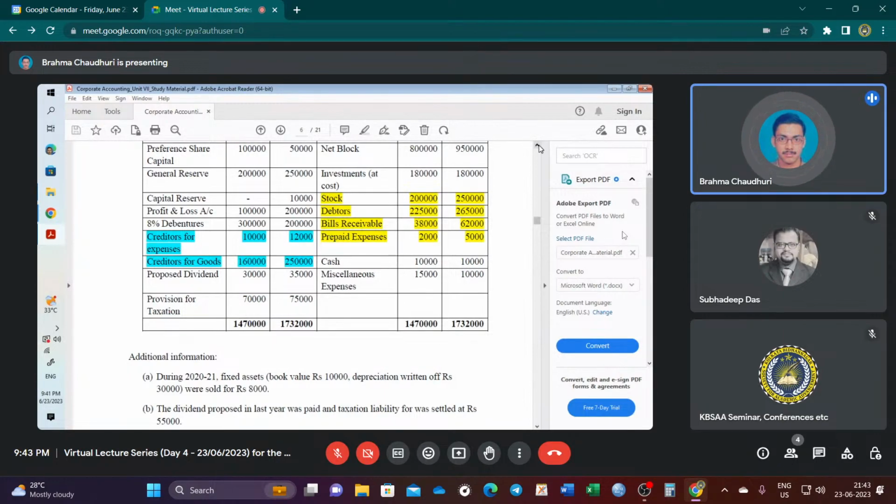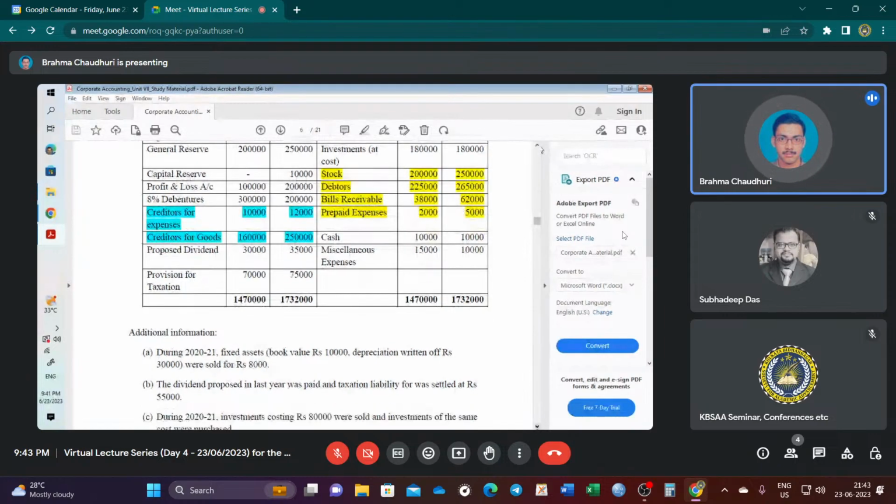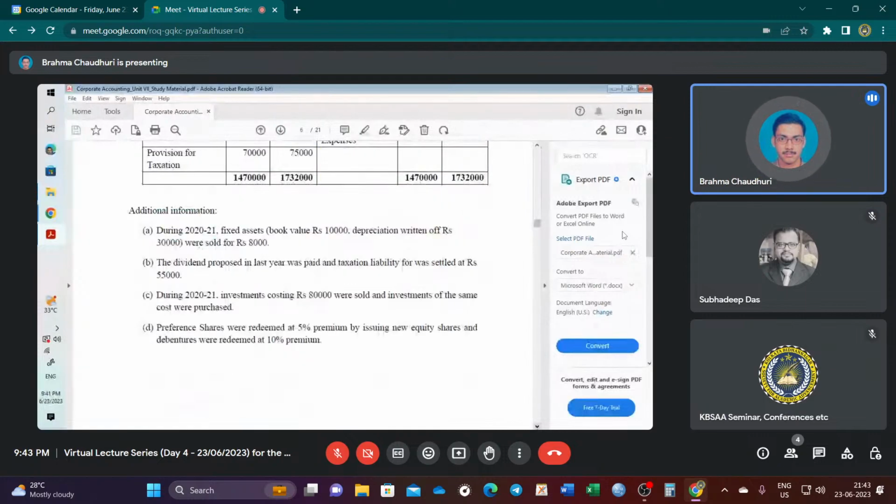So this fourth additional information has various implications. First of all, we will have to redeem the preference shares. That means 50,000 preference shares will be redeemed at 5% premium. Then debentures are also being redeemed at 10% premium. 1 lakh debenture has been redeemed at 10% premium.